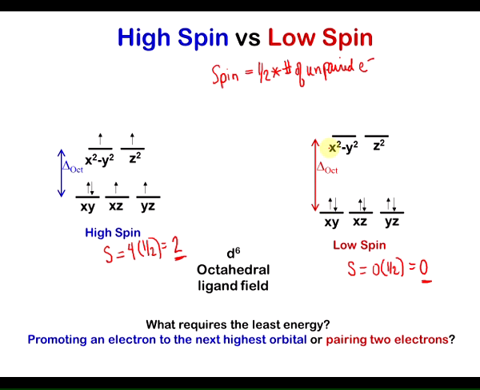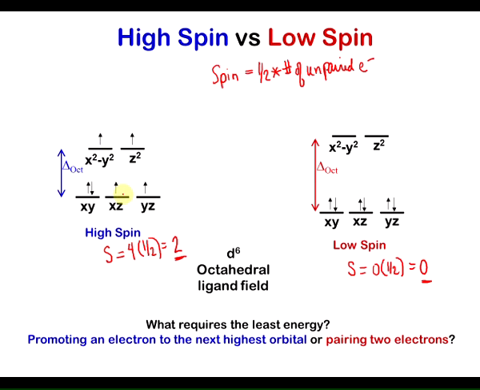So in a high spin case, you've got a smaller energy gap. What this is telling us is that it takes less energy to promote one of these electrons to the higher orbitals, compared to pairing up these electrons. So the gap is small, so it's easier to promote the electron than it is to pair it up.